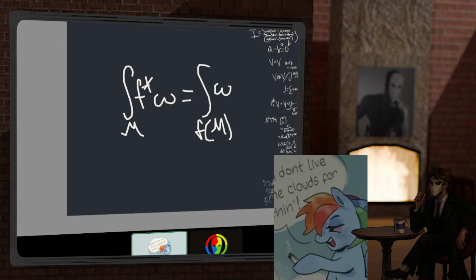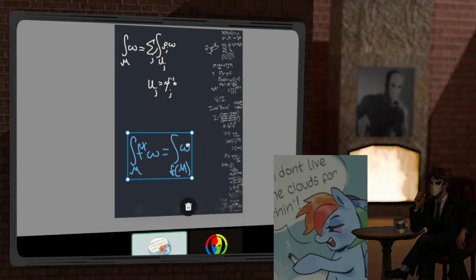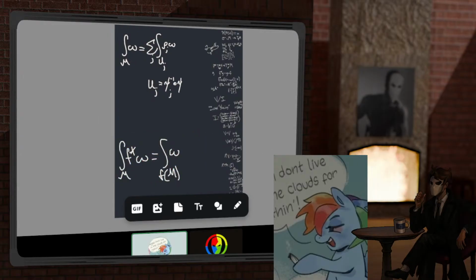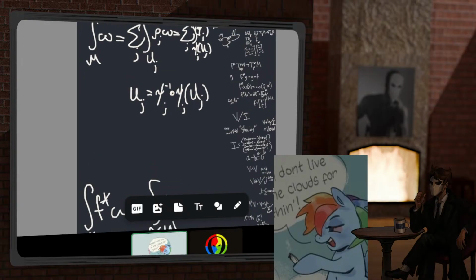You can imagine that the patch U j is just the inverse of the chart composed with the chart itself, because those would effectively cancel since it's bijective, acting on the U j. So then we can bring this inverse up and get psi j inverse, this pullback here.